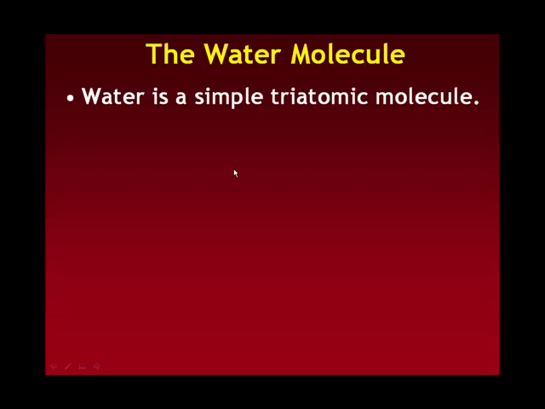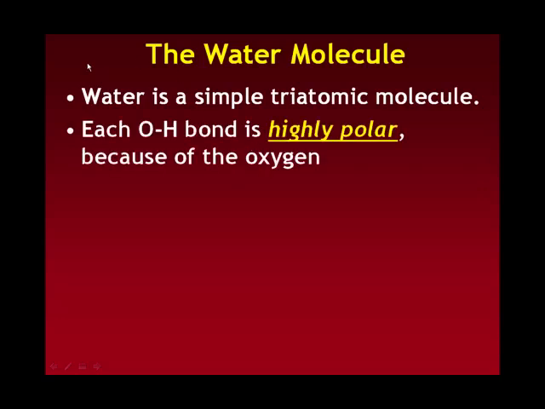First, we want to talk about water. Water is a simple triatomic molecule. Each OH bond is highly polar because of the oxygen. So this is what a water molecule looks like. It has two lone pairs of electrons on it.